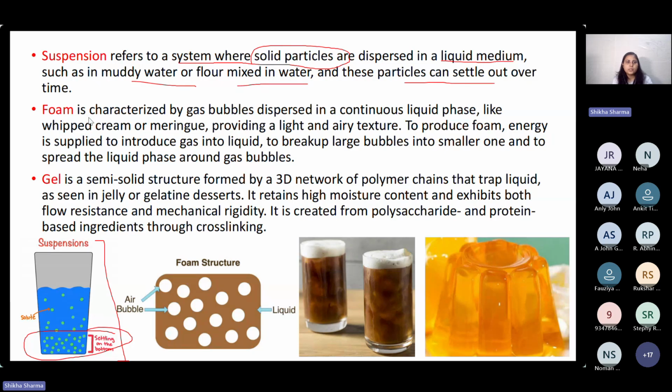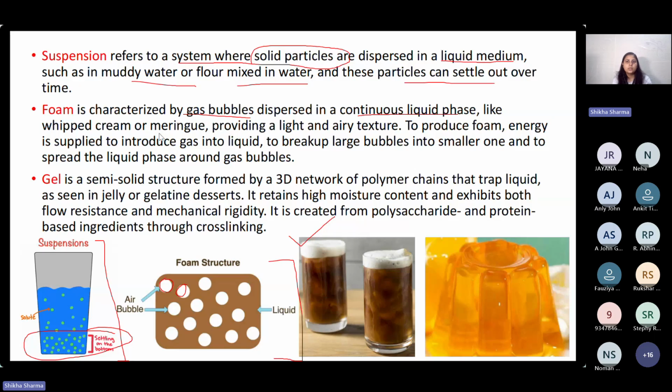Then foam is characterized by gas bubbles dispersed in a continuous liquid phase. In the continuous liquid phase, air bubbles will be there, which we can see like these.